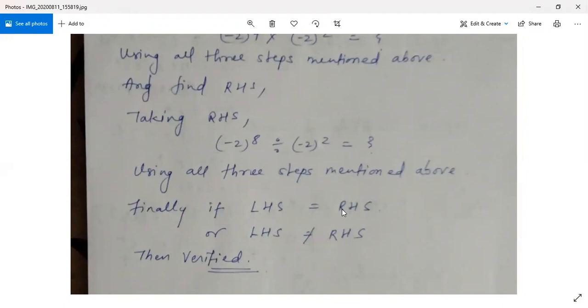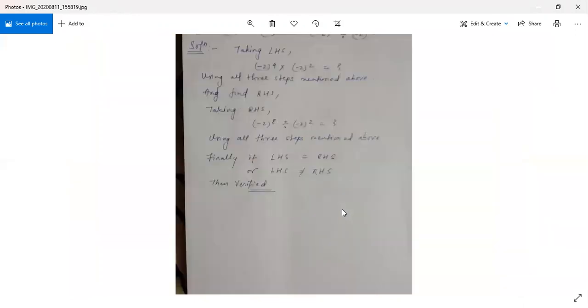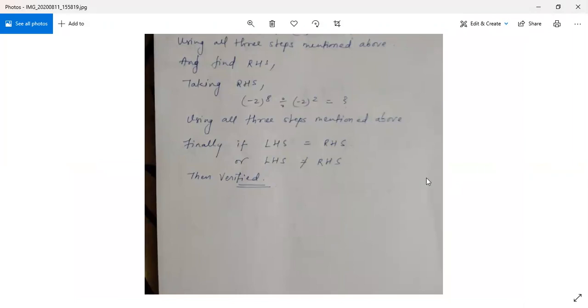If the left hand side and the right hand side have an equal answer, that means the condition given in the question is true. And if it is not equal, that means the condition is not true. In this way you can verify, right?